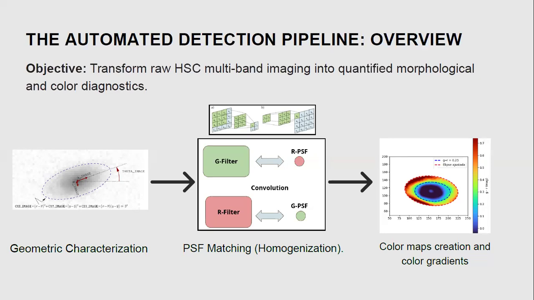So to trust the color maps, I need to correct with the point spread function, with a cross convolution with kernels, and finally create color maps, color gradients and the respective criteria to find these objects. That is my process, and this is where I'm situated now.